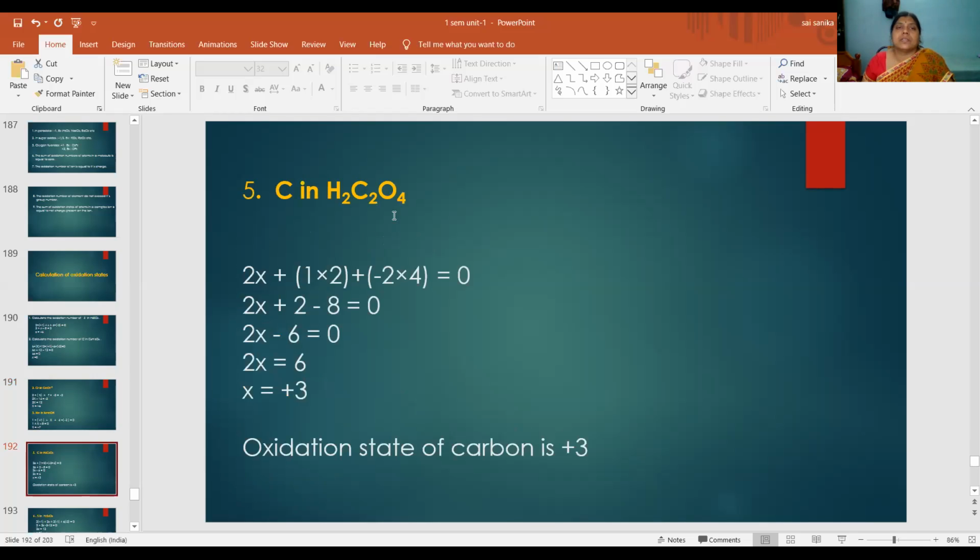Then oxidation state of C in H2C2O4. H is plus 1, O minus 2, and C you don't know.